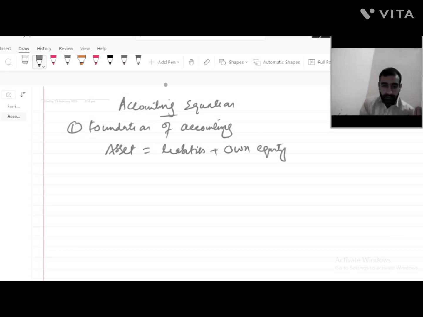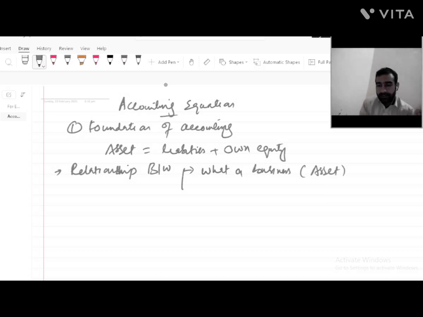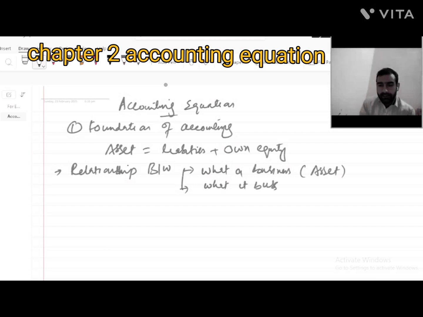This means that this accounting equation shows the relationship between what a business actually owns, that is your asset, what a business owes, that is your liability, and the third part, what belongs to the owner, that is your equity.